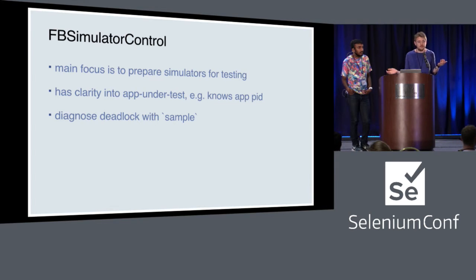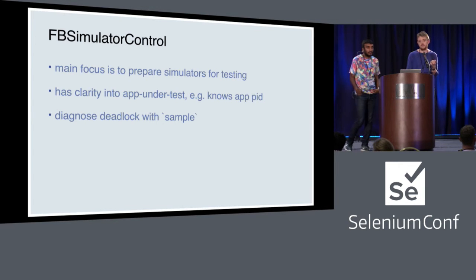One example of this is it is actually kind of possible to detect a deadlock within the application by running sample. Sample's basically a command line utility that will sample the stacks of the running application and give you traces, and it'll tell you which ones are heavy and so on. So you can do some really interesting stuff there.